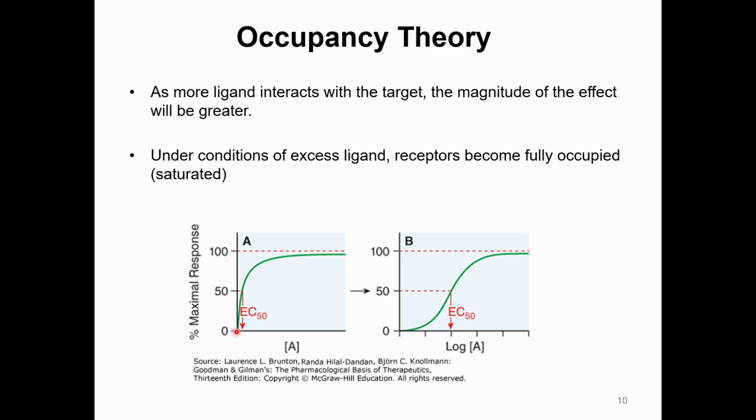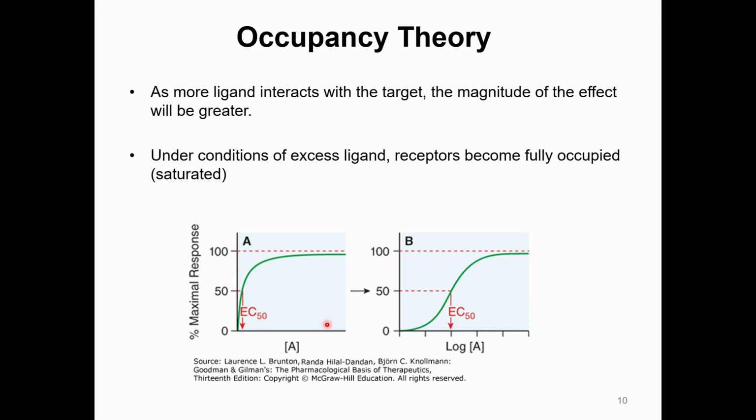When there is no ligand or drug, there is no drug-induced response, right? But then as you add more and more drug, the response goes up and up until it reaches a maximal value. And typically out here in this region that I'm indicating, that's when all the receptors are occupied, okay?